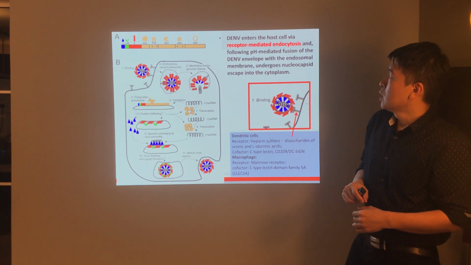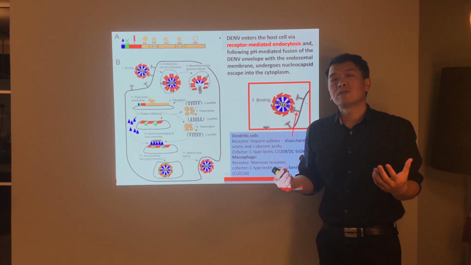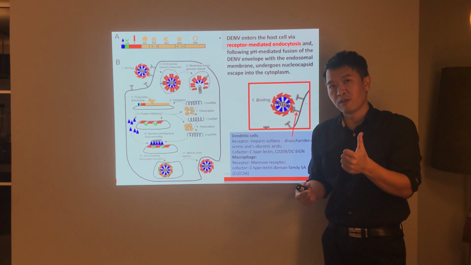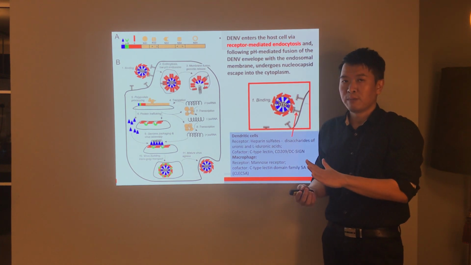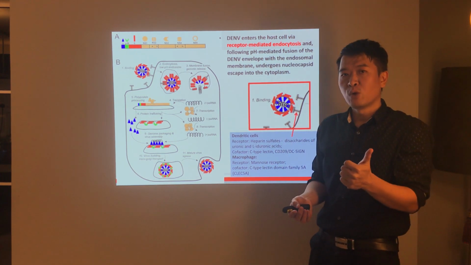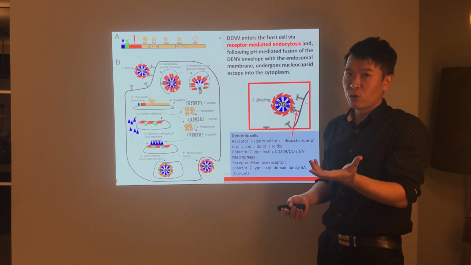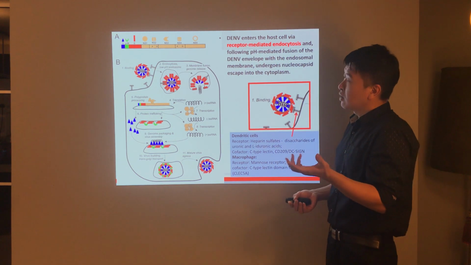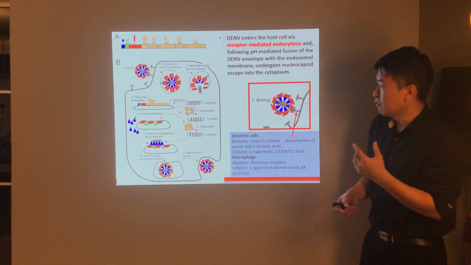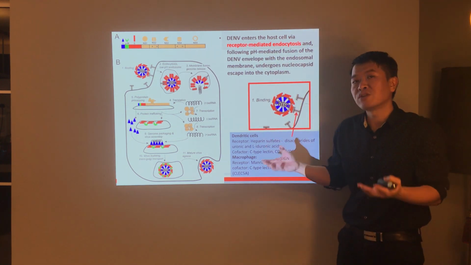Alright, so the replication begins with the attachment of the virus to the host cell. In poliovirus, we know that the receptor for poliovirus is called poliovirus receptor, or PVR. For dengue virus, the receptor depends on the cell type.